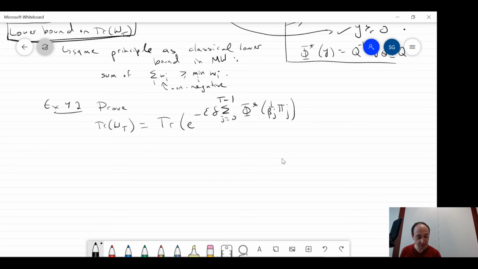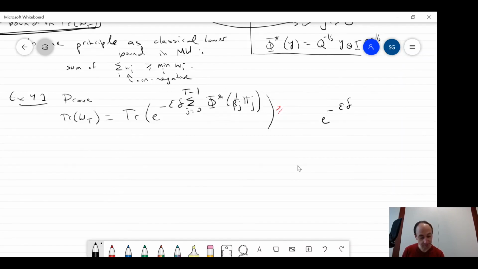So this is just what we would have gotten as the last value of WT when the algorithm exited the loop prematurely. And now the claim is that this thing is at least as big as e to the minus epsilon delta, so that hasn't changed.